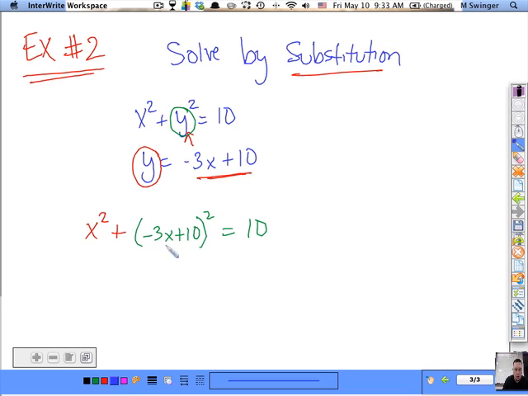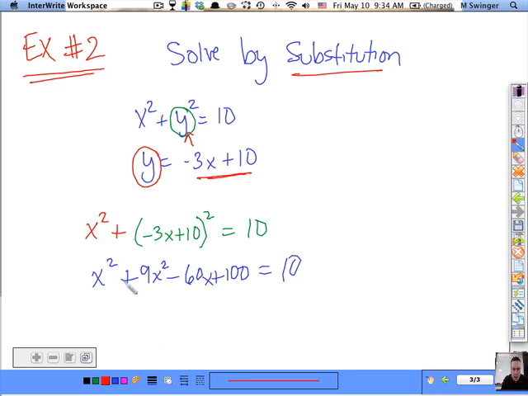If you do negative 3x plus 10 squared, if you FOIL this or do the shortcut, you get 9x squared minus 60x plus 100. You all know how to FOIL this and get that answer. Okay, and let's see, x squared up front plus all this equals 10.